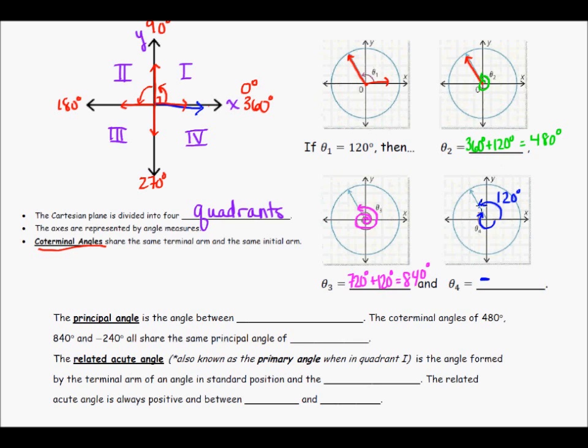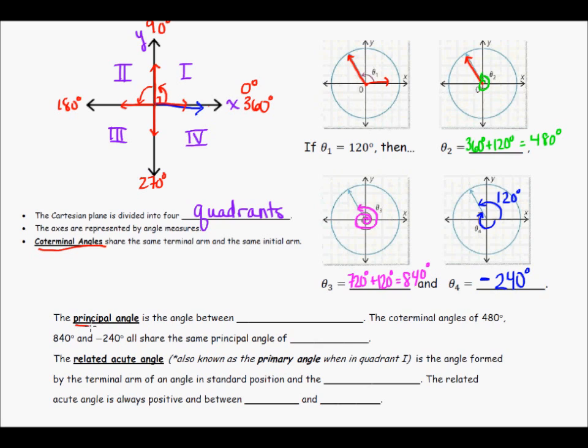So the number value for theta 4 would have to add with 120 degrees to make 360 degrees total because it forms the full circle. That angle measurement would have to be 240 degrees, and again, it's negative because we're rotating in a clockwise direction.